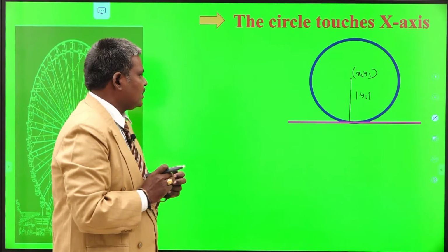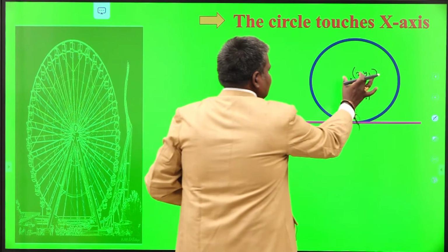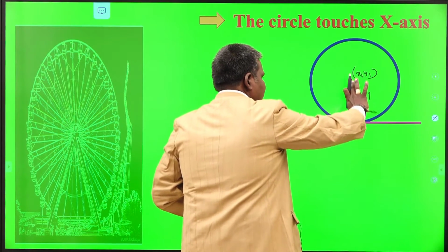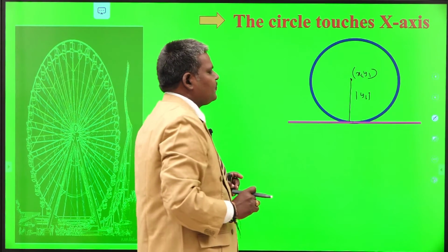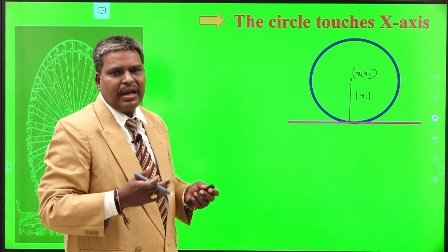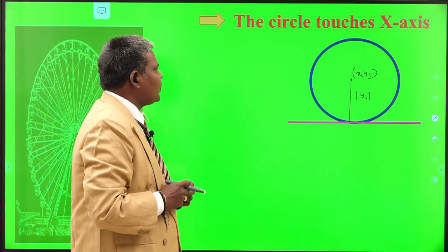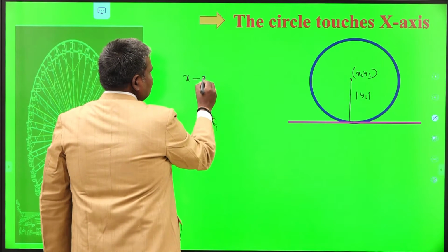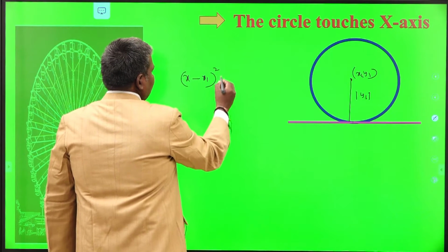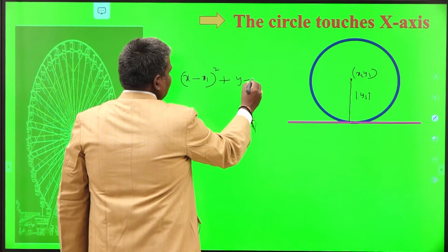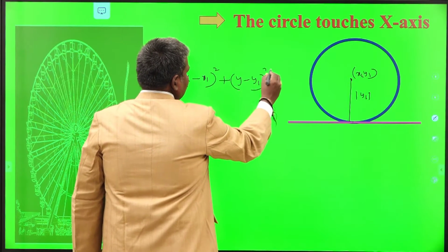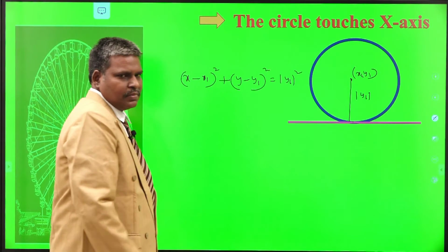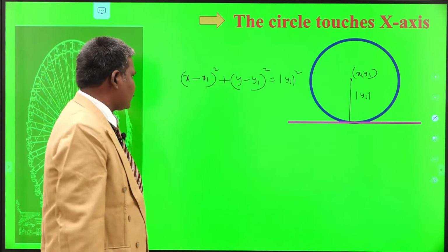We know that. So if you take the center of the circle as x1 comma y1, then the distance from here to here is modulus of y1. We have center and radius. Can you write the equation of circle or not? So the equation of circle is x minus x1 whole square plus y minus y1 whole square is equal to modulus of y1 whole square. Mod y1 whole square is nothing but y1 square.